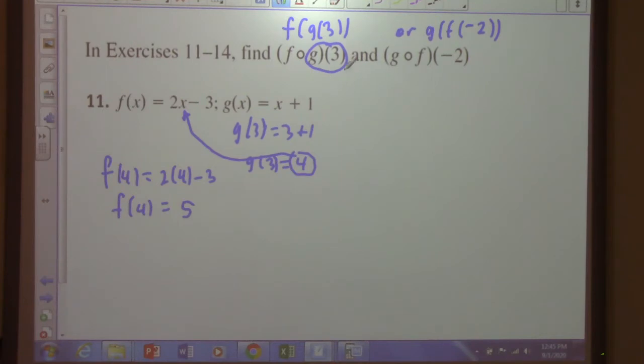And now we've taken this number 3, we've run it through the first function machine, which came out with 4, and then we take this 4 and run it through this other function machine. And then we end up with 5. So we can make a concluding statement, in the wording of the original: f of g of 3 is equal to 5.